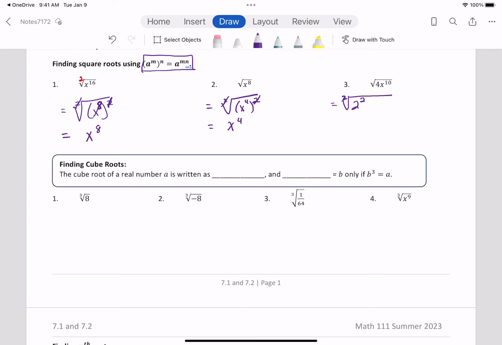And x to the 10th, I'm going to do like we did problem 1 and 2. I'm going to say x to the what to the squared. So I want to know what times 2 gives me 10, and that is 5. So then the 2's can cancel, and I would be left with 2x to the 5th.